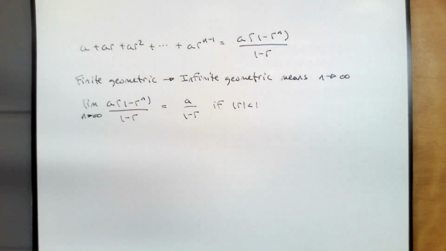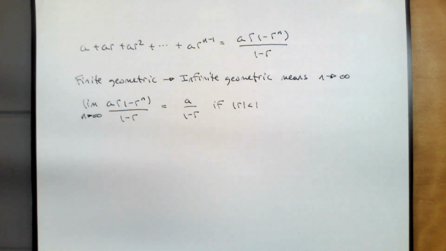If the common ratio is less than 1 in absolute value, that's what the ratio test said would give us absolute convergence. And that's also what's required for this limit to exist. If the common ratio is less than 1, then I raise something less than 1 to infinity, and we'll end up with 0. So that 1 minus r to the n becomes 0. 1 minus 0, or 1.